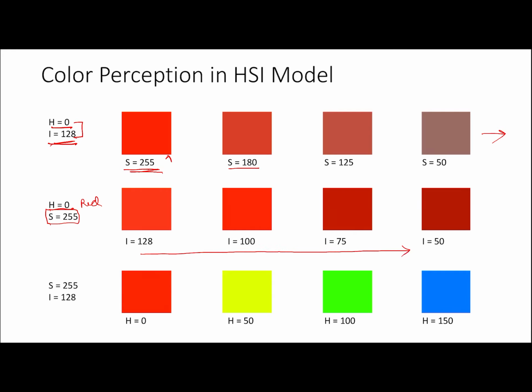The intensity decreases as we move from left to right. So as you can see, the different rectangles still show red color, but it appears that some white light, meaning some intensity, has been decreased.